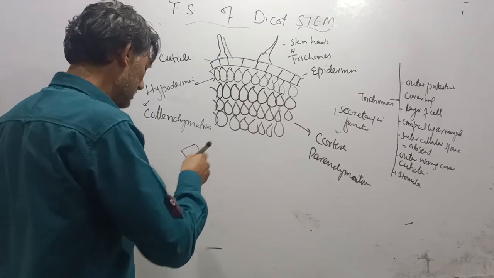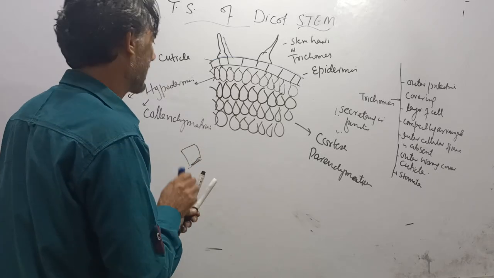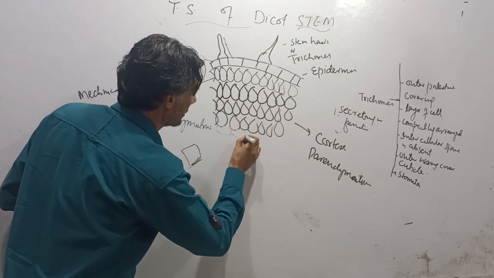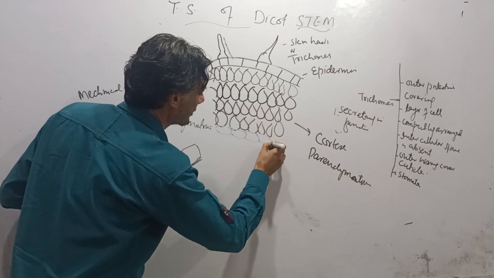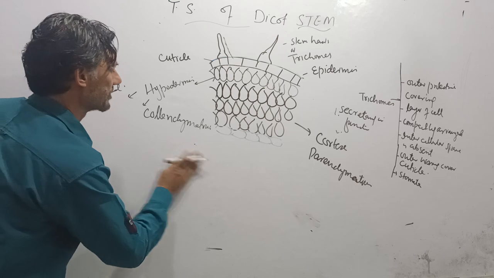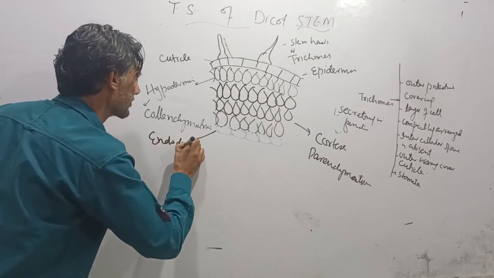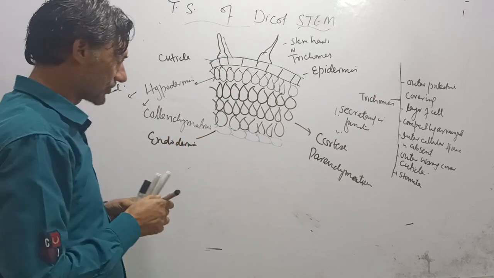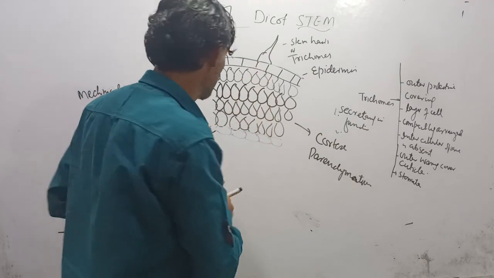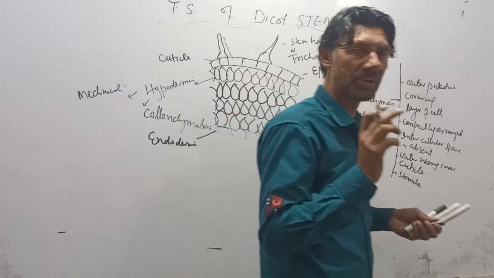The innermost layer of the cortex, a single layer of cells, is called the endodermis.